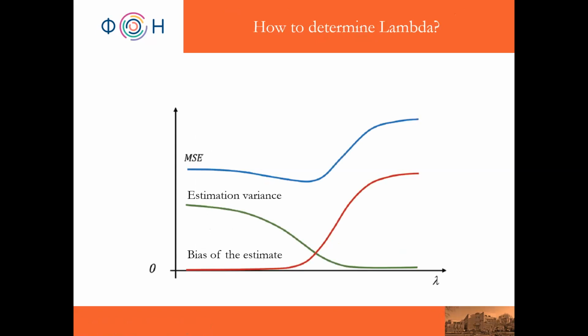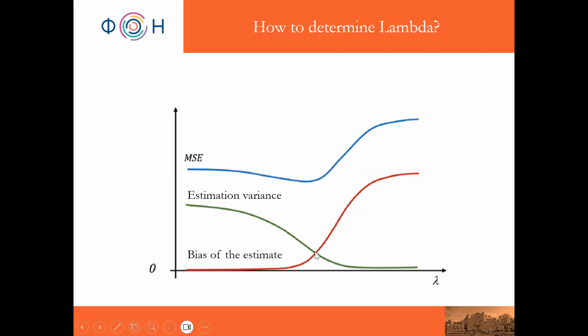In order to find a good value for our lambda, we are going to observe the following things. We are observing the bias of our estimate, the estimation variance, and the mean square error. As we can see, as our lambda increases, the bias of our estimate starts to increase, and the estimation variance decreases.